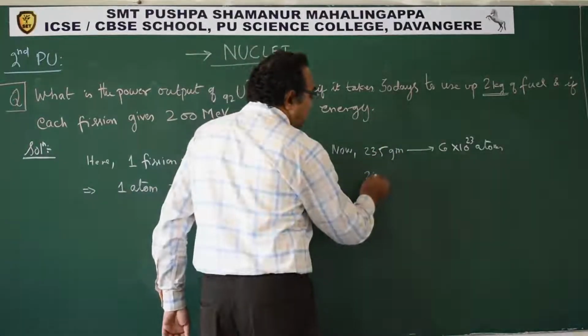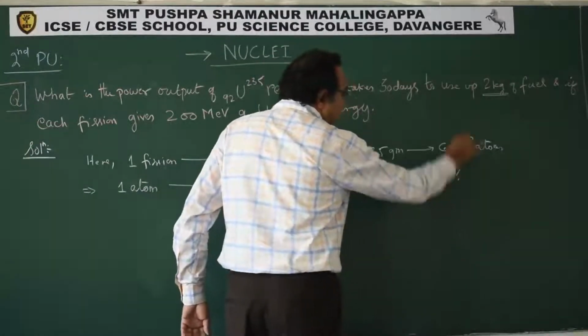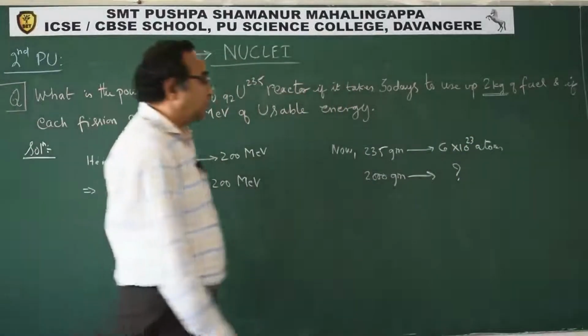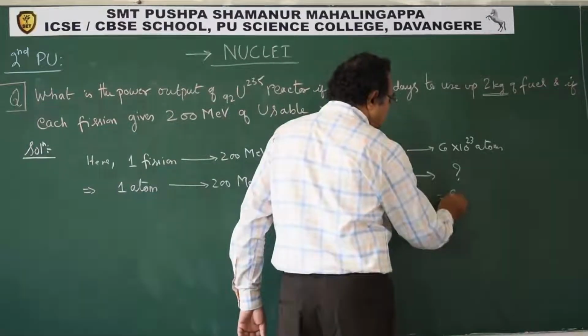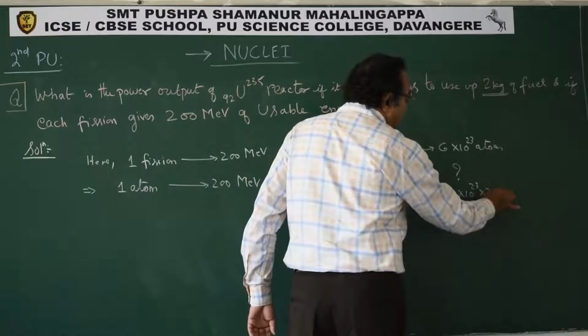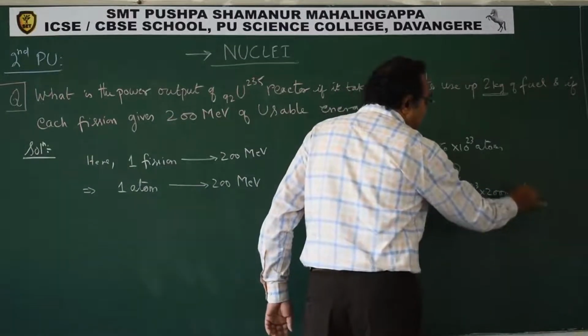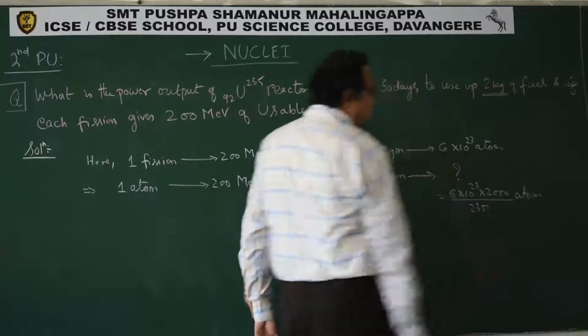Now 2 kg means 2000 gram will contain how many atoms? So that gives us 6 into 10 power 23 into 2000 upon 235, this many atoms will be there.